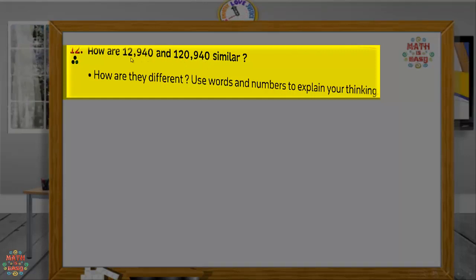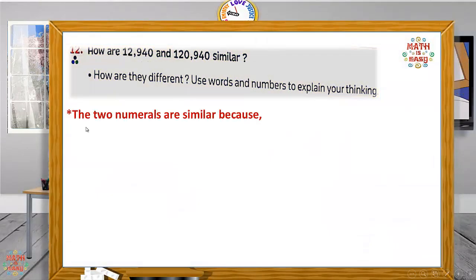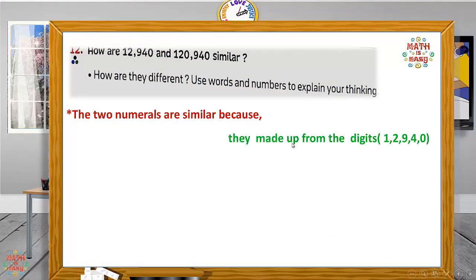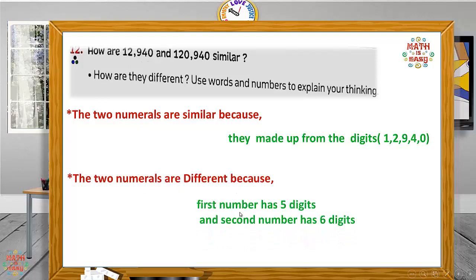But here we have 5 digits, and here 6 digits. So to answer this question, you can say the two numerals are similar because they are made up from the digits 1, 2, 9, 4, 0. The two numerals are different because the first numeral has 5 digits, but the second one has 6 digits.